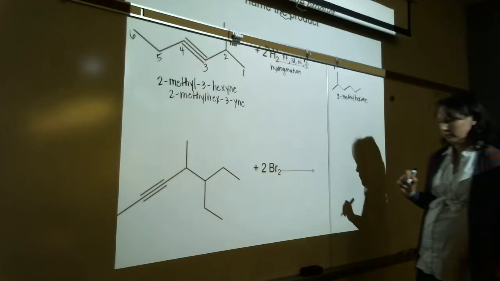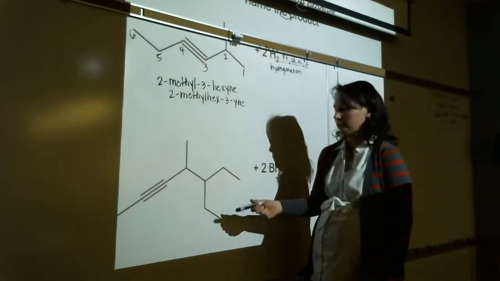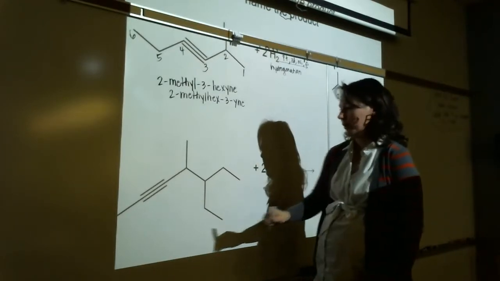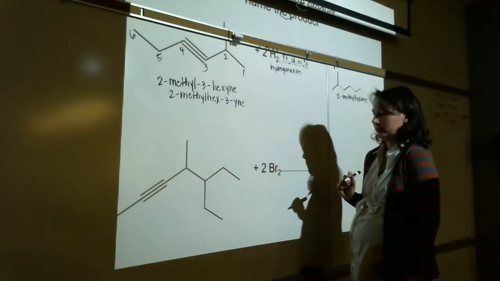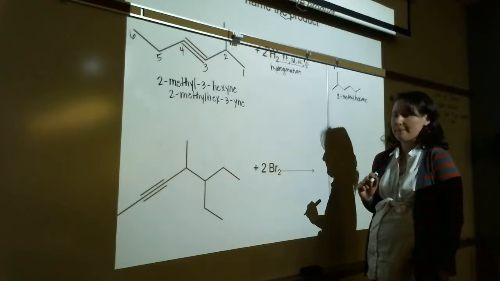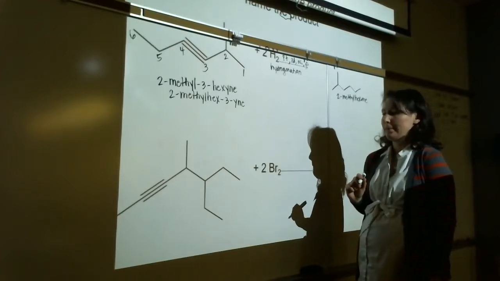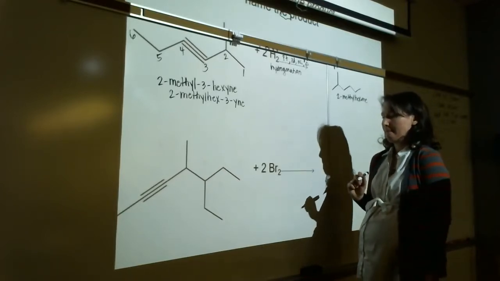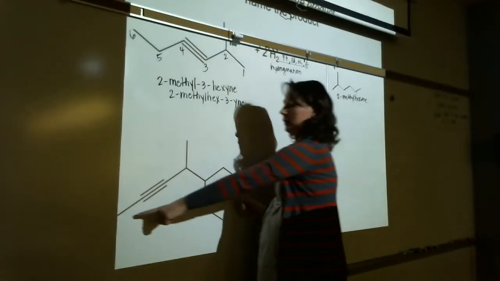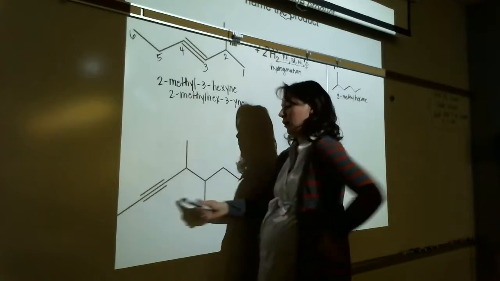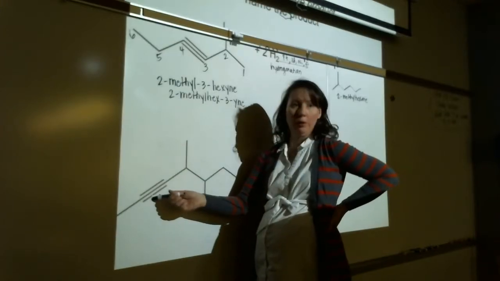Okay. Let's number this one just for the practice. Where do we begin? Here, here, here, here. Between here and here you're choosing? Now remember, the triple bond's got to get the priority.